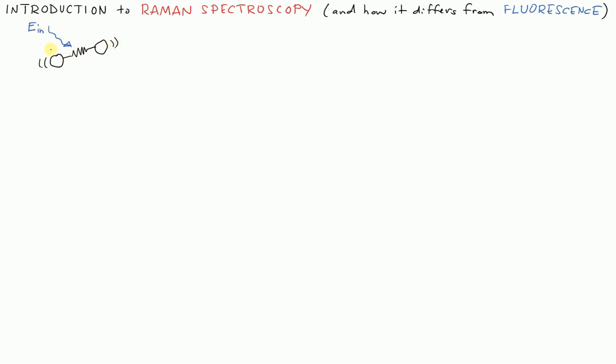So the photon loses some energy and scatters off in some different direction, potentially, with an energy E out. And that is the basic phenomenon of Raman scattering. Photon at one color comes in, photon at a different color comes out.